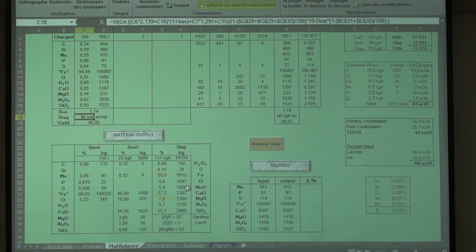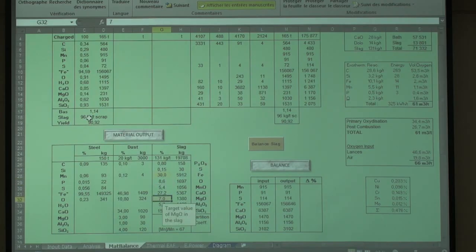Except that in this part MnO is calculated by the equilibrium, which I didn't do here. And these represent only a part of the slag, so it is divided by 1 minus the rest of the composition I fixed here: Fe, O, and MgO.